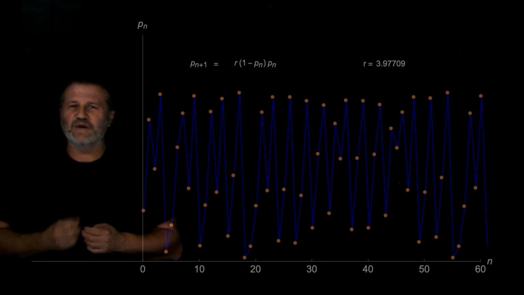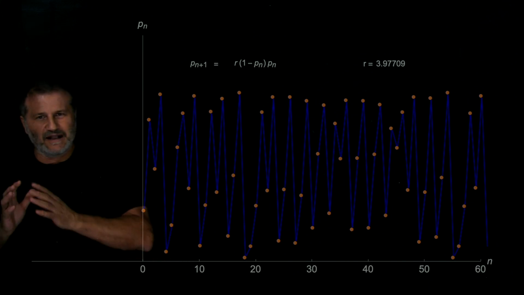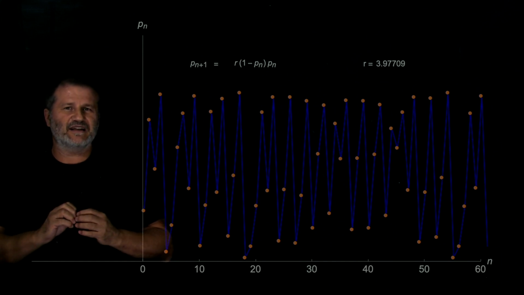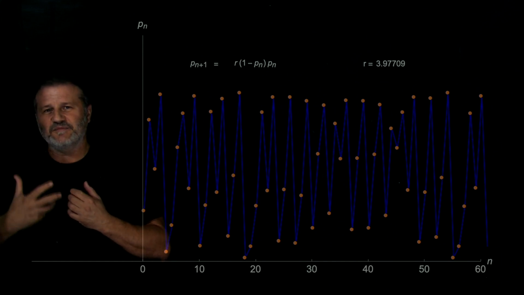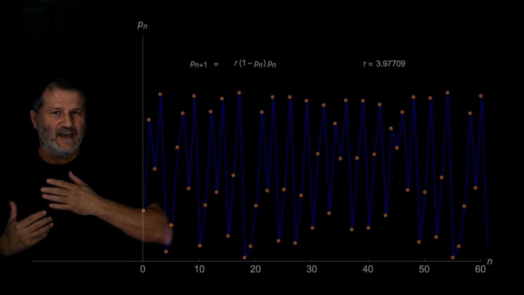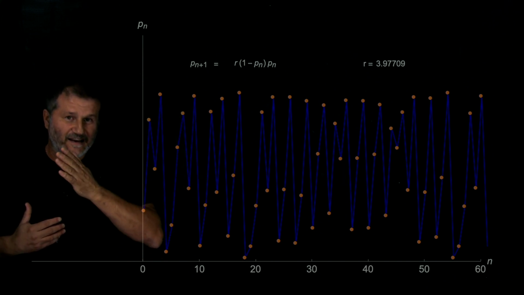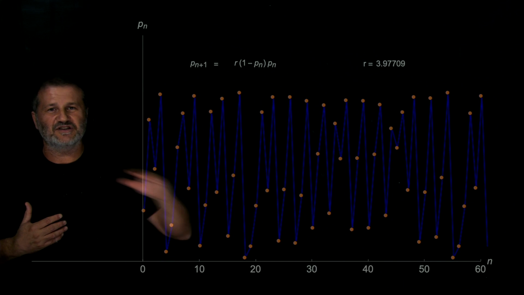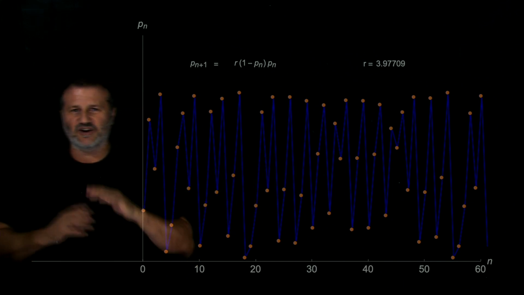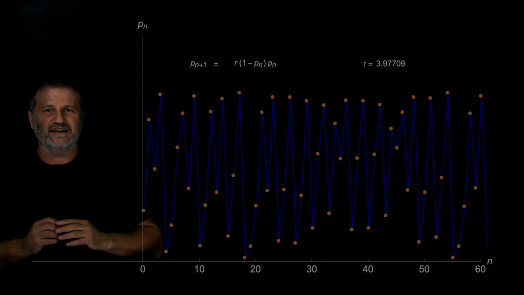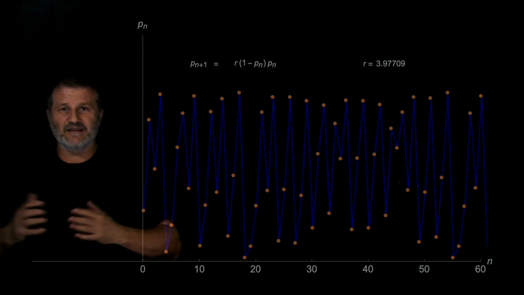So in conclusion, we can see that between the Malthus model and the logistic model, there is a dramatic difference. In the Malthus model, we have just three possible behaviors: an exponential growth, an exponential decay to extinction, or a completely stationary behavior. Nothing happens, a constant behavior. Here, in the logistic model, we have many, many more possibilities.